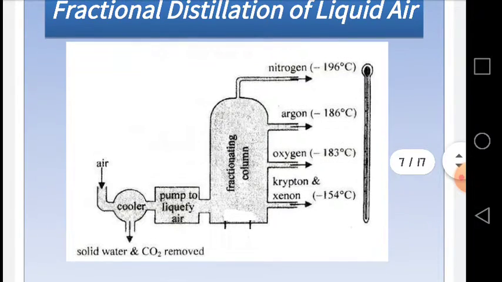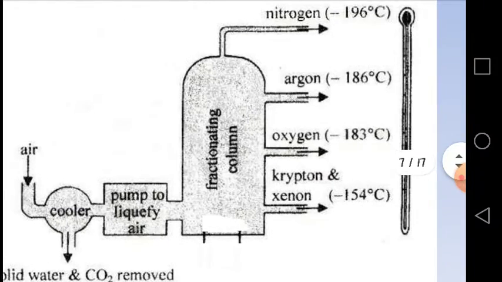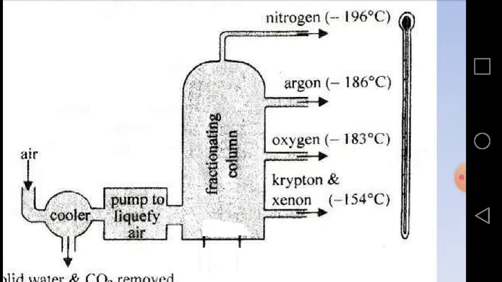From this slide, you can see that this liquid air is then sent to this fractionating column, and you can see nitrogen is collected at minus 196 degrees centigrade, argon is collected at minus 186 degrees centigrade, oxygen is collected at minus 183 degrees centigrade, krypton and xenon, these are also noble gases, are collected at almost minus 154 degrees centigrade.